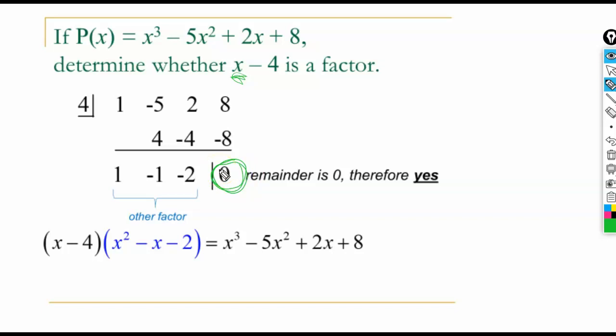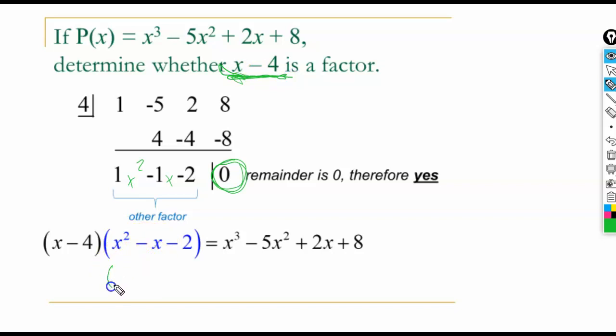Well, if it is a factor, that means that we get x minus 4 times, we've already done the division, so we know what the quotient is, and that would actually give us x squared minus x minus 2. Just by having that one known factor and dividing it out, that got us down to a quadratic.